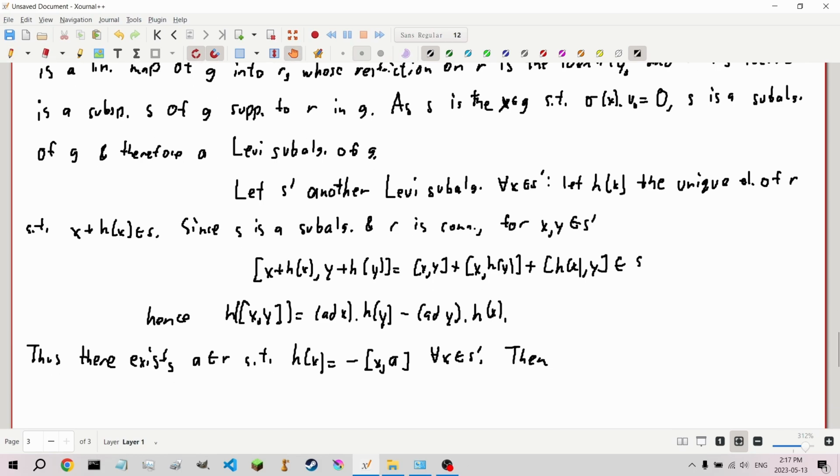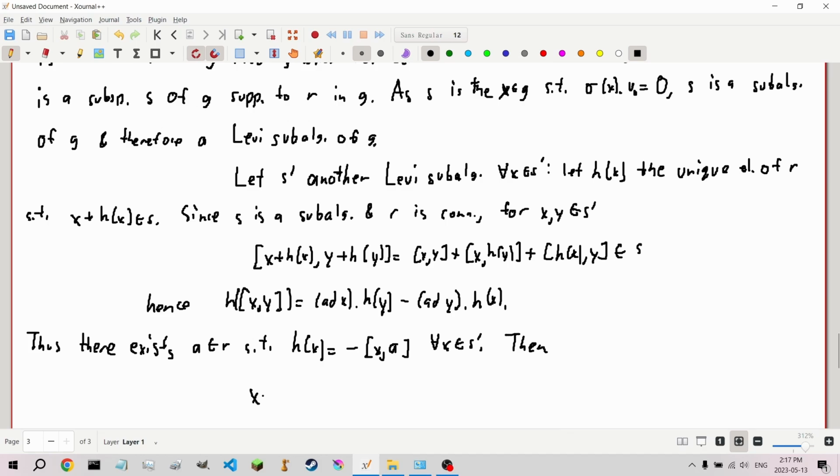And then we get that x plus h of x is equal to x plus the bracket of a on x, which we can write as a function of x as 1 plus the adjoint of a on x.